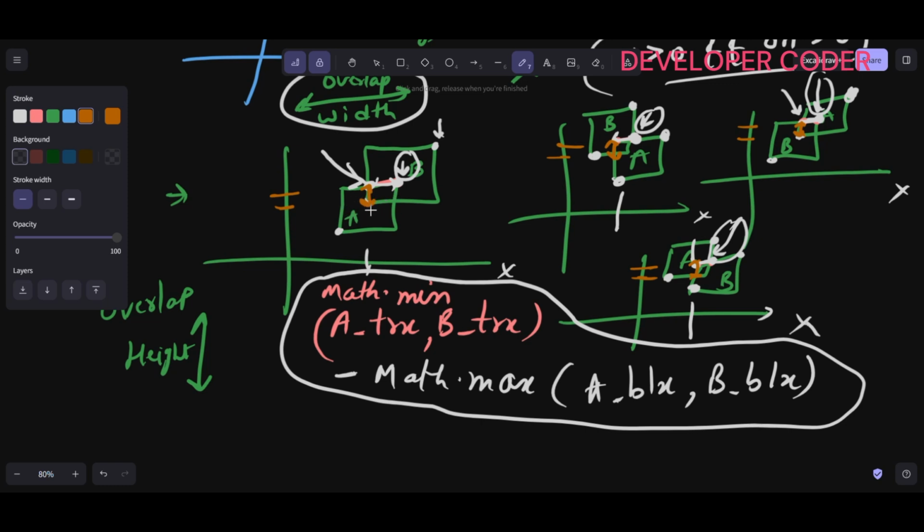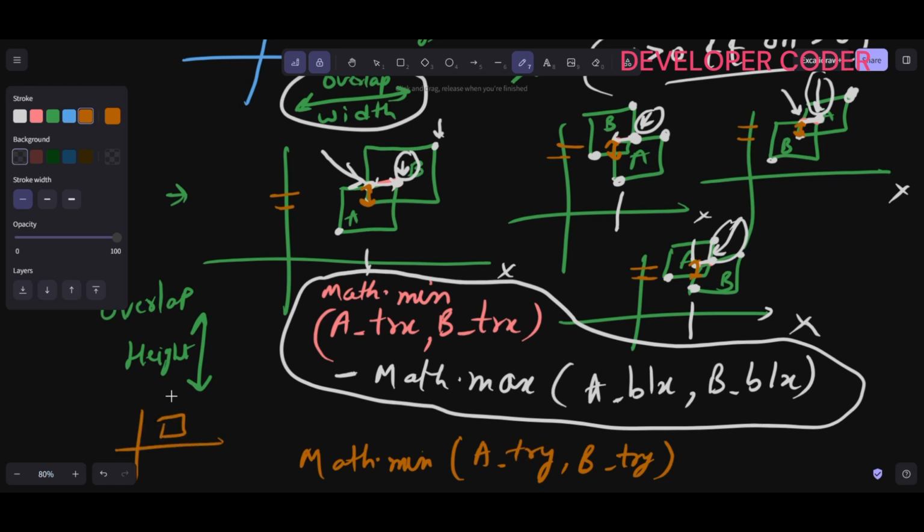First, give me the Math.min value of a top right y and b top right y. So what is the value among them? Two boxes I have placed now.